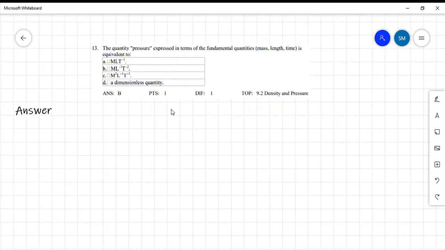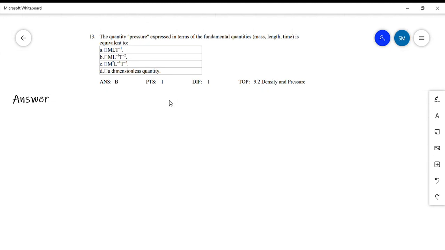This question: the quantity pressure expressed in terms of fundamental quantity, mass, length, time is equivalent to. So here he wanted to know the dimensional formula for the pressure. Pressure is equal to force over area. The dimensional formula of pressure is simply the dimensional formula for the stress.